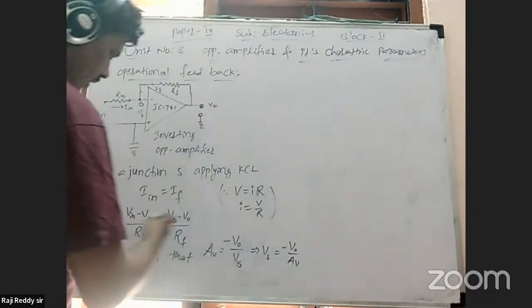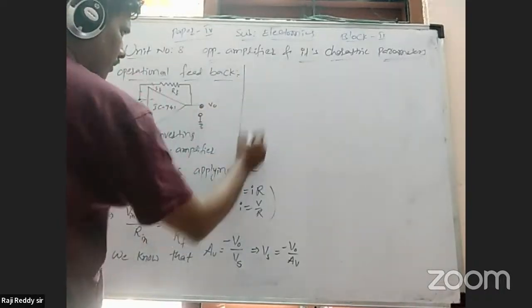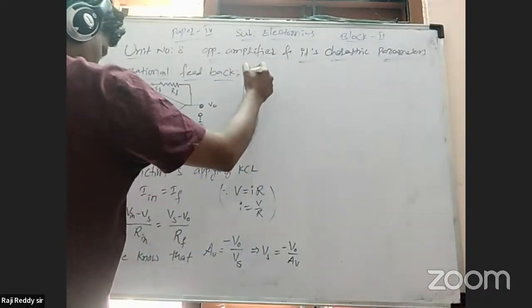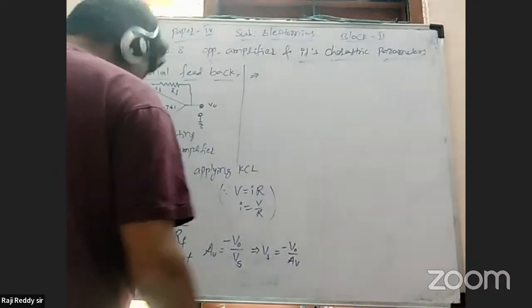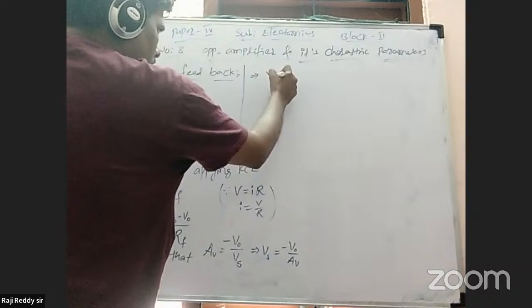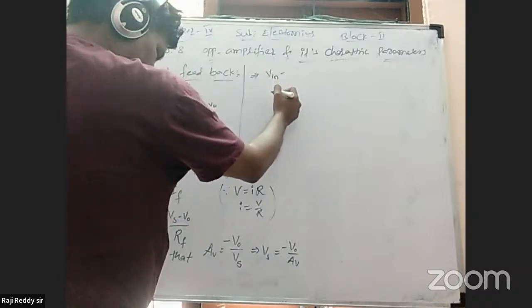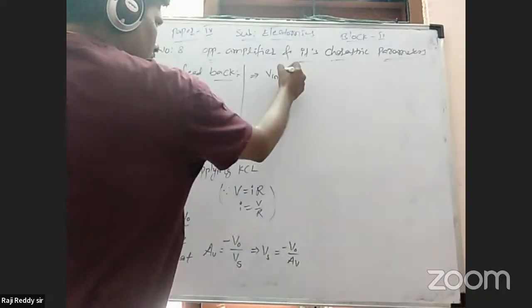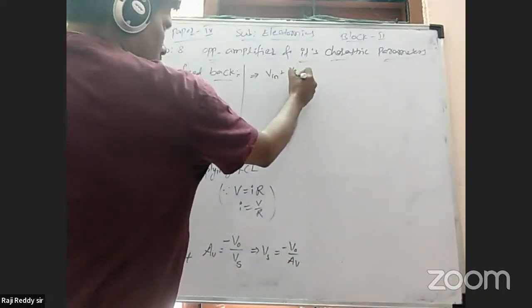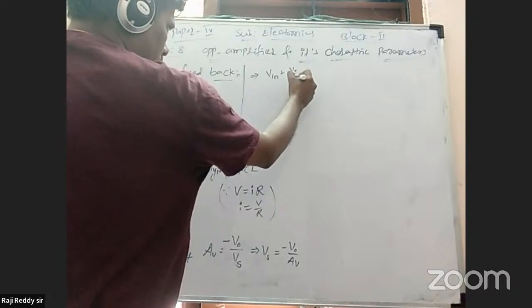This value can be substituted here. So the modified equation: instead of Vs, minus of minus gives plus V naught by AV.